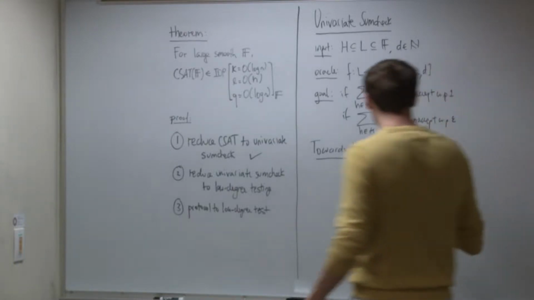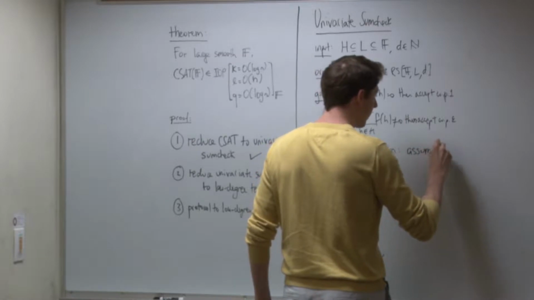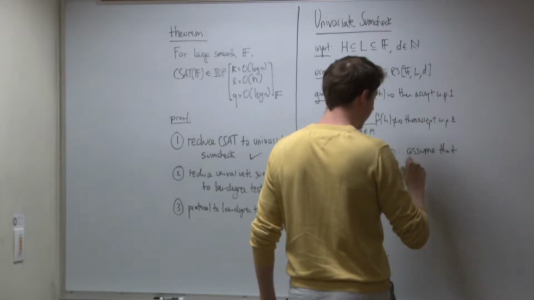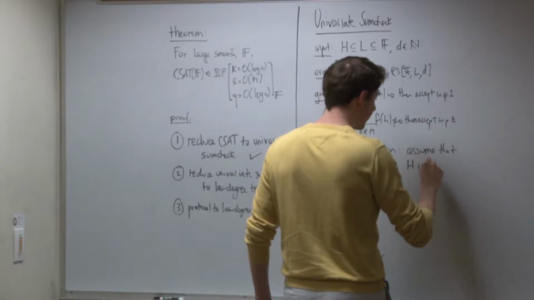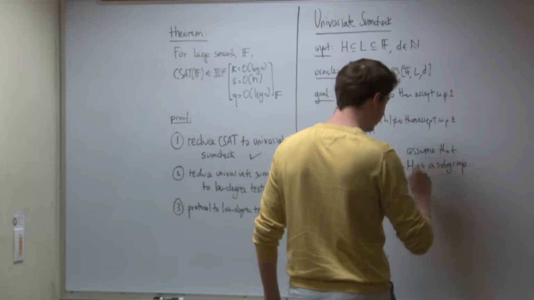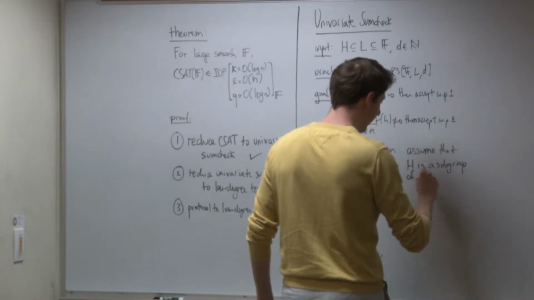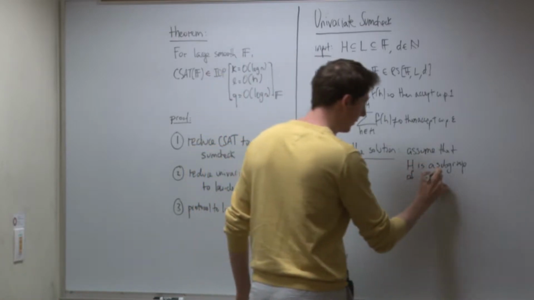And the first thing, we're going to assume that H is a subgroup of F star. Actually, it doesn't really matter of what, but let's say of F star.